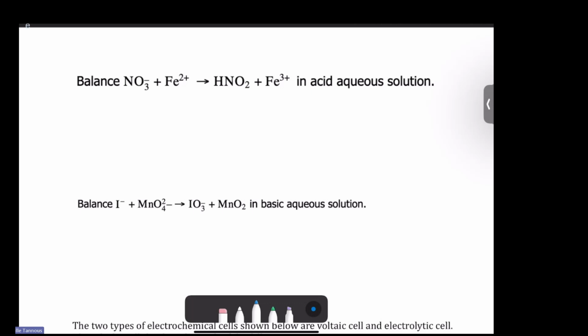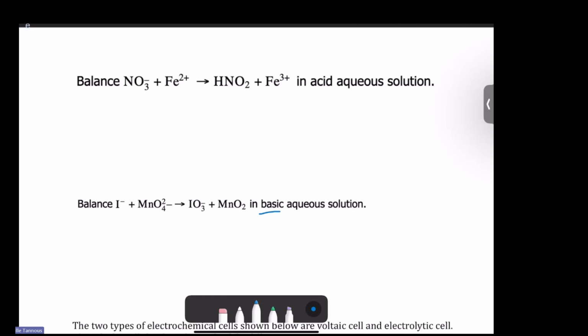There's a video that I also shared with you that explains in detail how to do the balancing, and I insist on watching it for the quiz next week. So let's first start in acidic medium. All the steps are the same for acidic and basic, except one additional step at the end for basic.